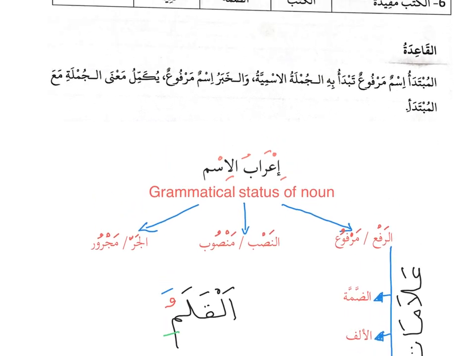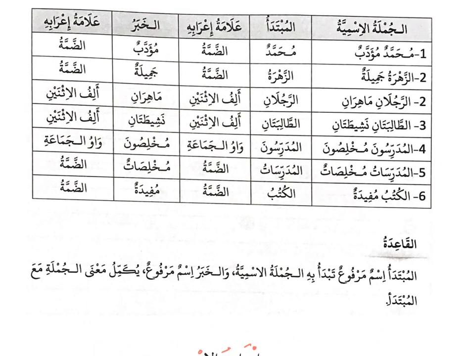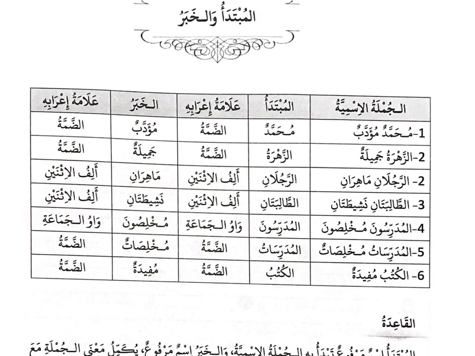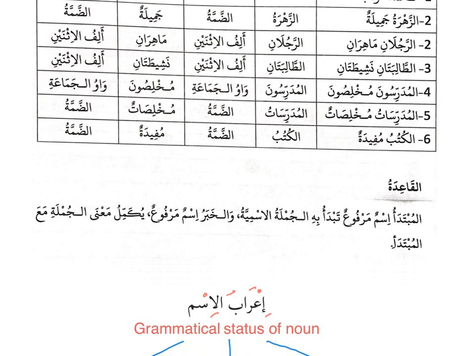With that, let us go back to our lesson of al-mubtada wal-khabar. If you look at the qa'idah, the grammar rule, it says al-mubtada'u ismun marfu'. In the first part of the lesson, I skipped this word, marfu'.